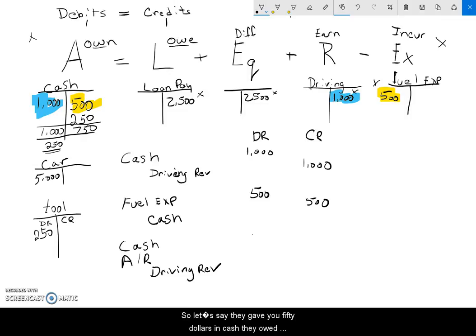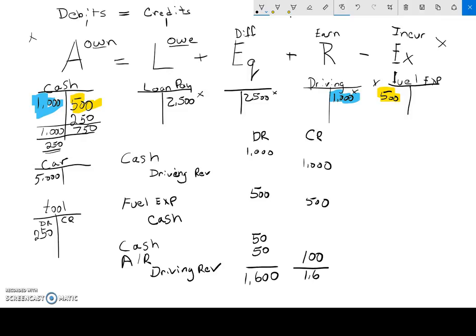So let's say they give you $50 in cash. They owed you $50. You're going to receive that from the credit card company, and the total was $100. And remember our golden rule: debits are always going to equal credits.